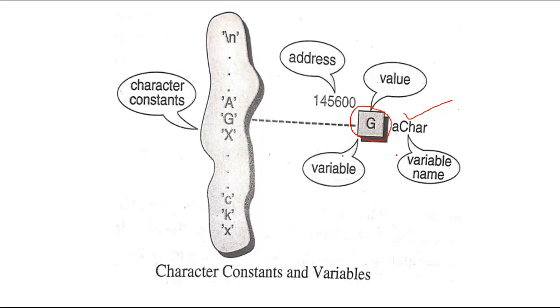When you declare a variable in your program to store a particular character value, let us say this G, we are storing this G into that character variable. You have to give the identifier, which is nothing but this a cap. This is your variable name.